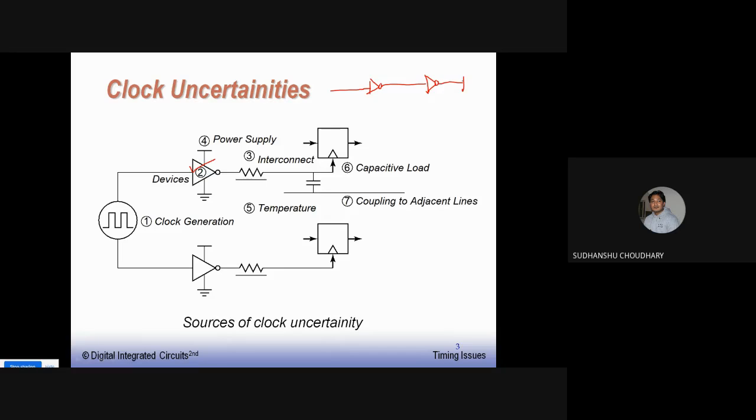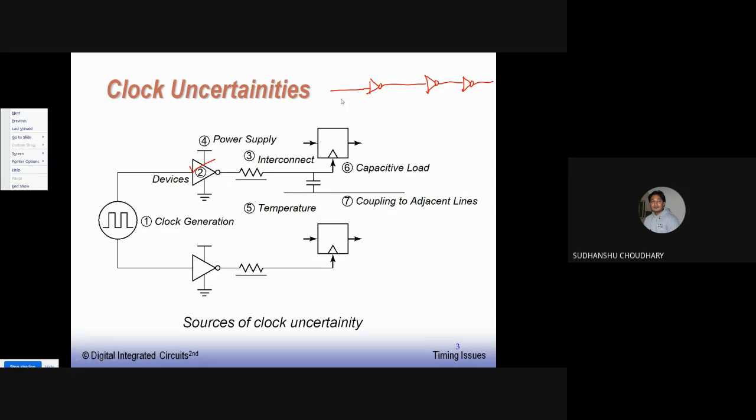Now, if the delay of these buffers is the same, then there is no problem. You have designed by considering that the delays of these buffers are the same, but because of process variations, again because of the sizes of the PMOS and NMOS used to implement these buffers, they may not be the same. So the delays of these three buffers may also not be the same.